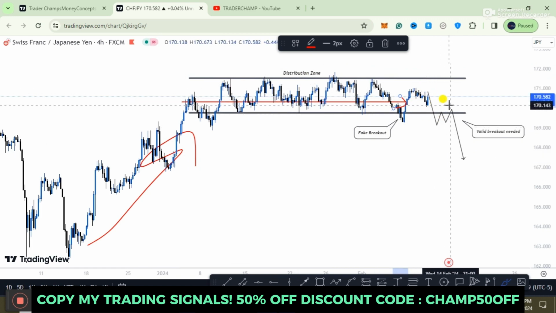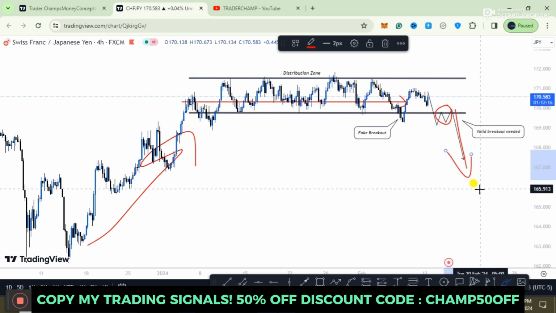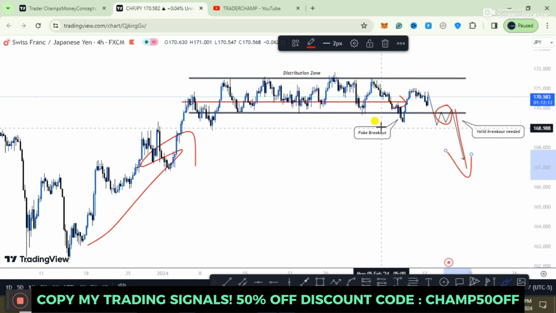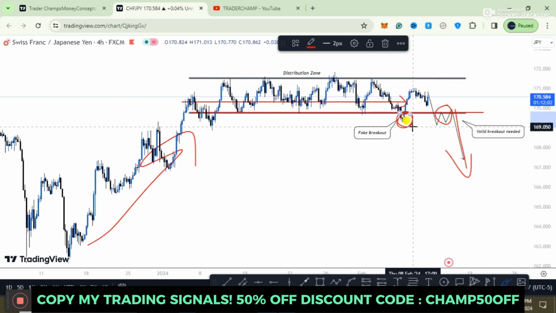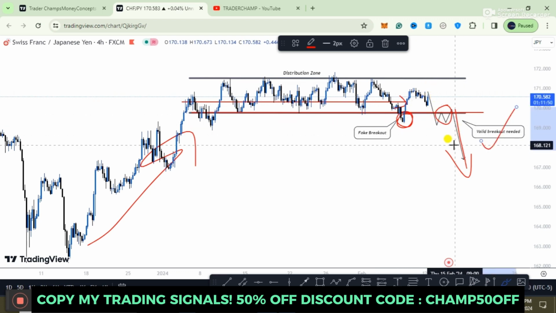Once that confirms, we are expecting to see a downward shift. We first have to confirm a bearish breakout over the supported price level. As we had a fake breakout earlier during the price action, right now we have to wait for a perfect bearish breakout, right? The breakout should be valid, and only then can we expect a downward shift.